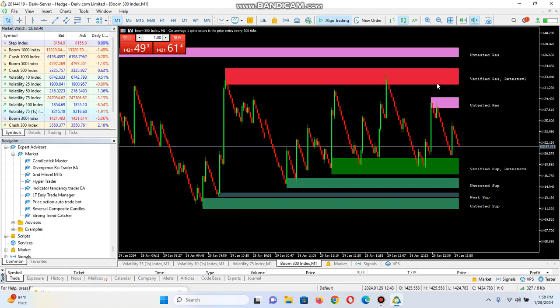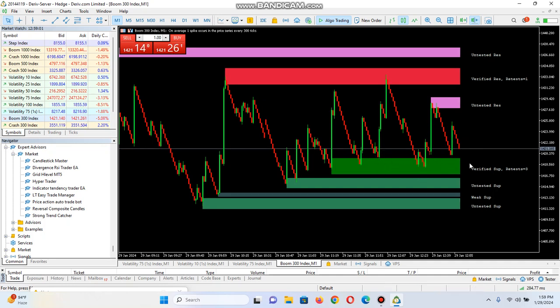So that is verified zone, verified resistance, or verified support. Verified resistance is the same thing as verified support, only that the support comes from buyers while resistance comes from sellers. It's the sellers that are pushing the price down from the point of resistance, while here it was the buyers that are pushing these spikes up from the point of support.